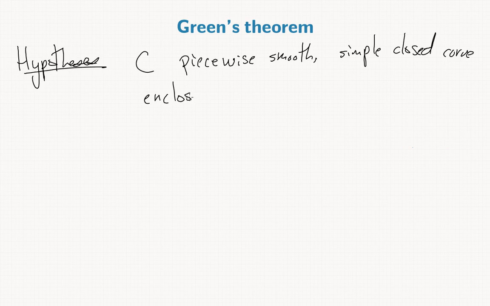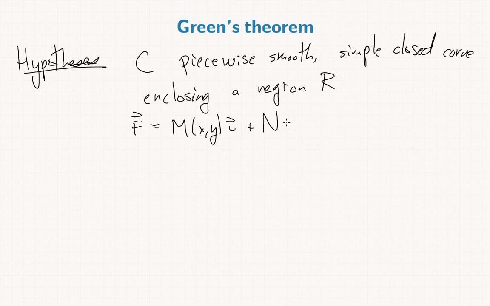So then this encloses a region R, and F equals M i, maybe I'll write M of x,y i plus N of x,y j, is a vector field.